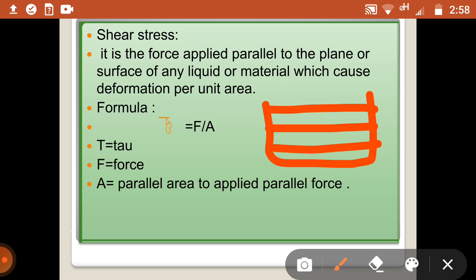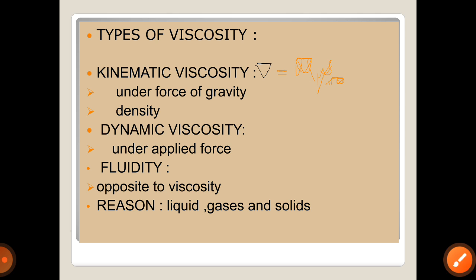Shear is basically a force between the two parallel layers, and it is called shear stress or shear force. What is the formula? We denote it as tau, as we discussed earlier: tau equals force F per unit area.